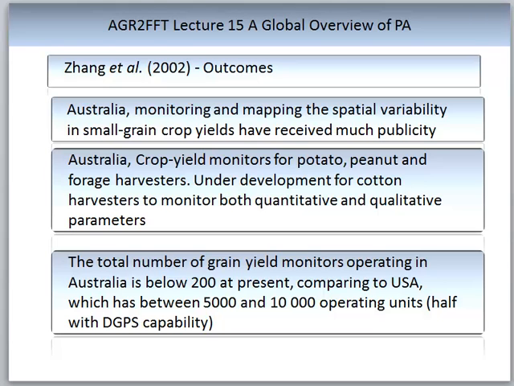It has been suggested the total number of grain yield monitors operating in Australia is below 200 at present. That was in 2002. While comparing the USA at this time, there were between 5,000 and 10,000 operating units.